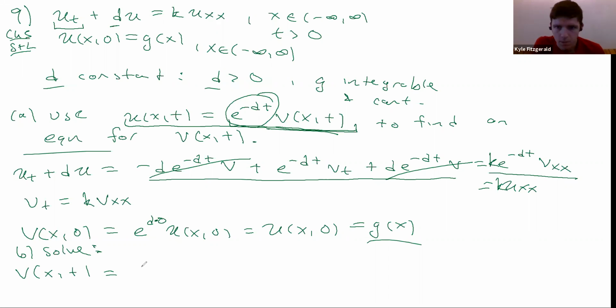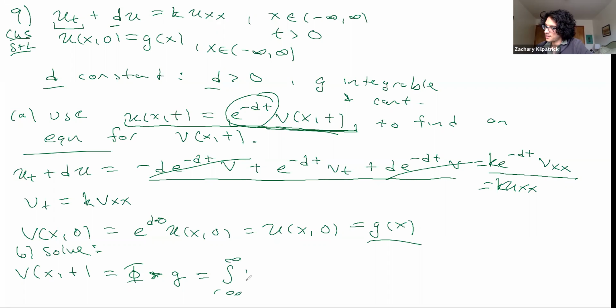Convolution of the fundamental solution and g of x. That's it. Phi convolved with g, which we can write out more generally as the integral of phi of x minus y, t, g of y dy. Okay. So now what is u of x,t?